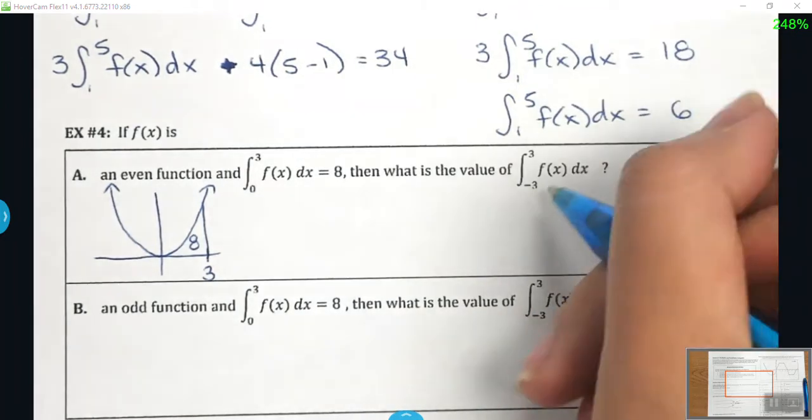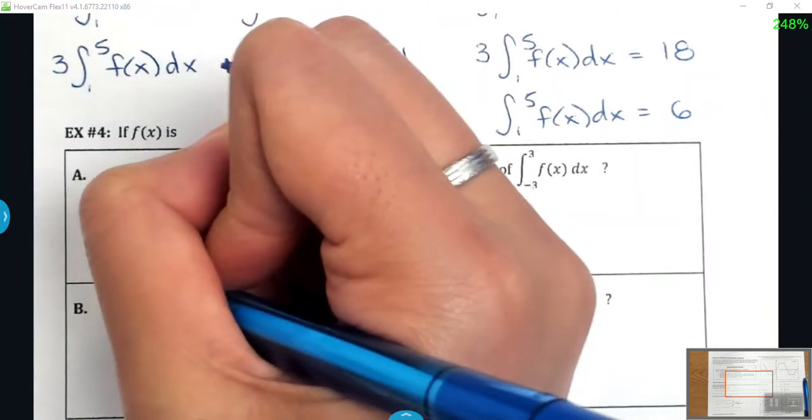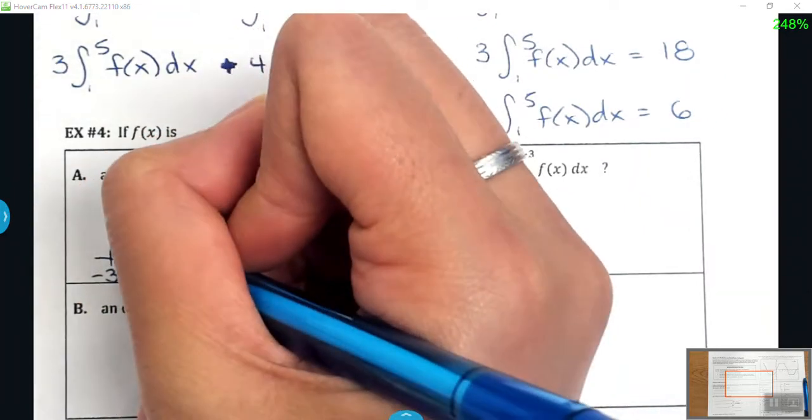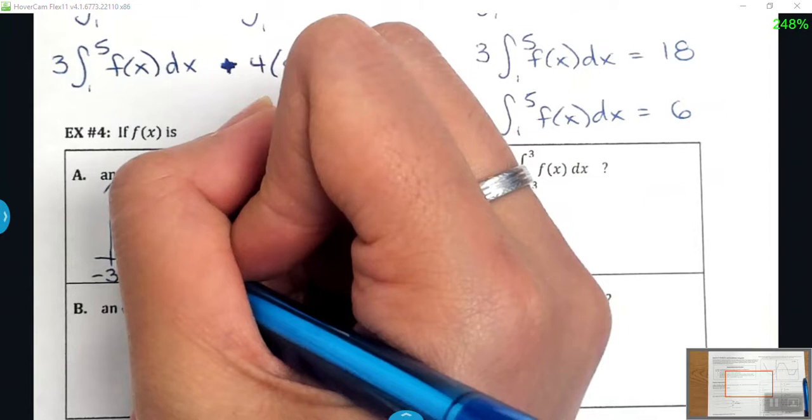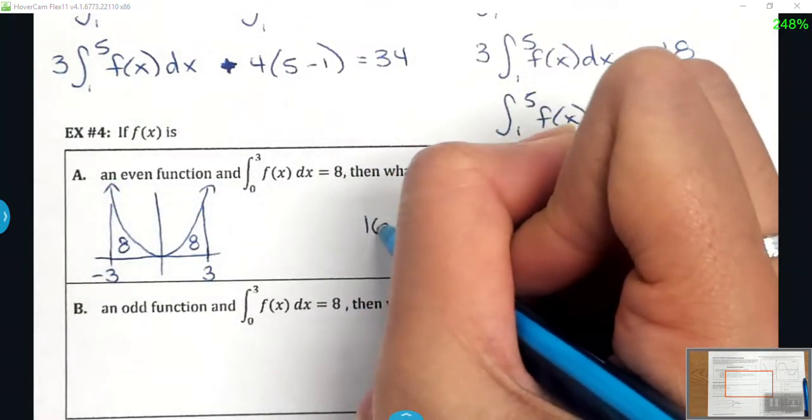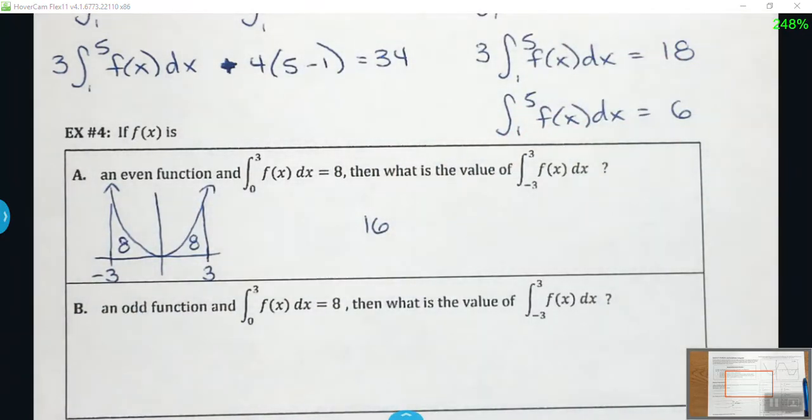So what's the integral from -3 to 3? 16. So even functions, 8 plus 8, you double the amount if it's symmetric over the y-axis.